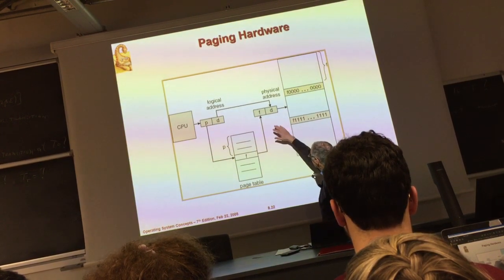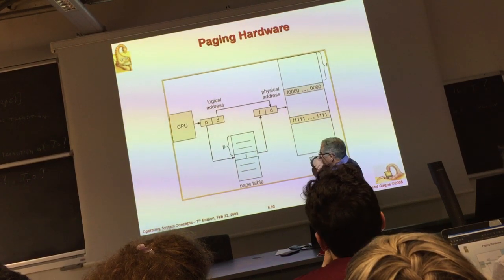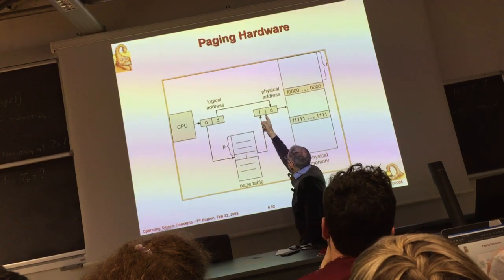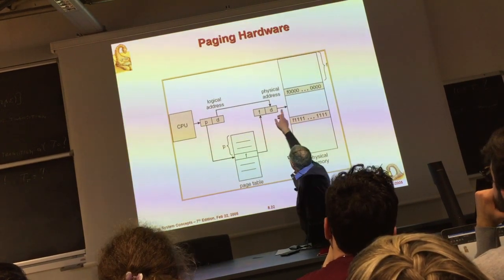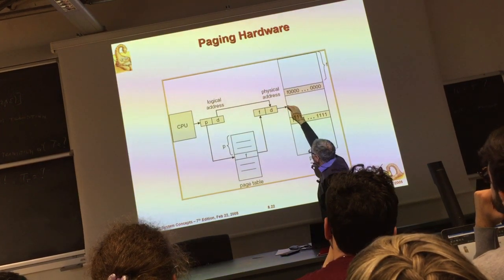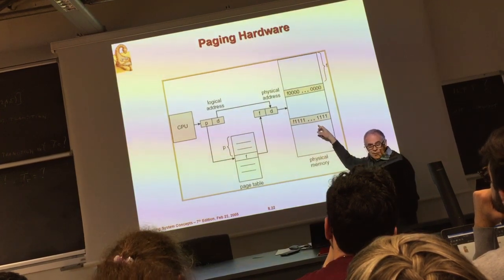So this frame F contains this page, and then simply adding to this number the displacement, the offset. So if F points here and D is here, it goes to this byte.